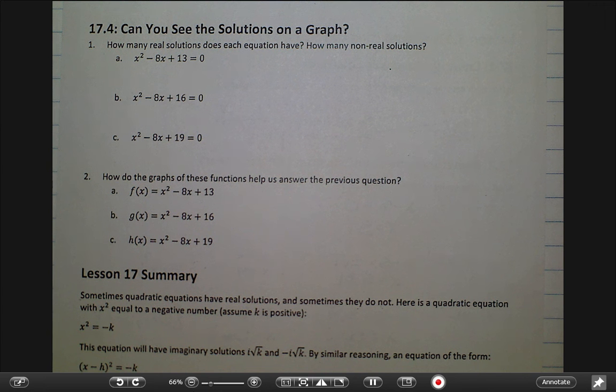Turn it over, please. Yes, that is the homework. Checklist is on page 1.